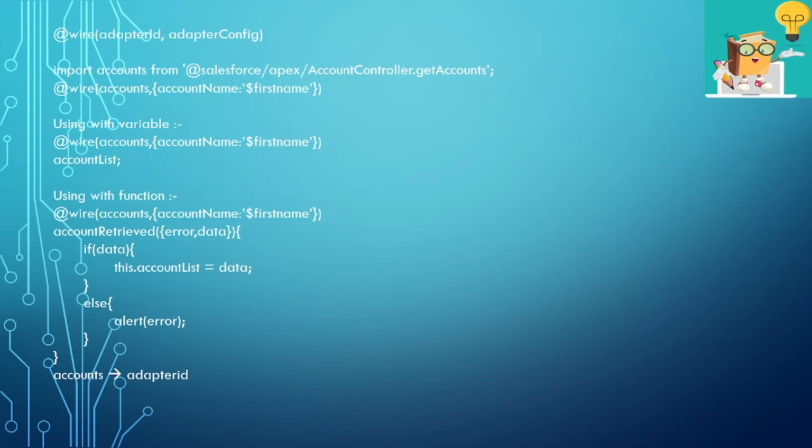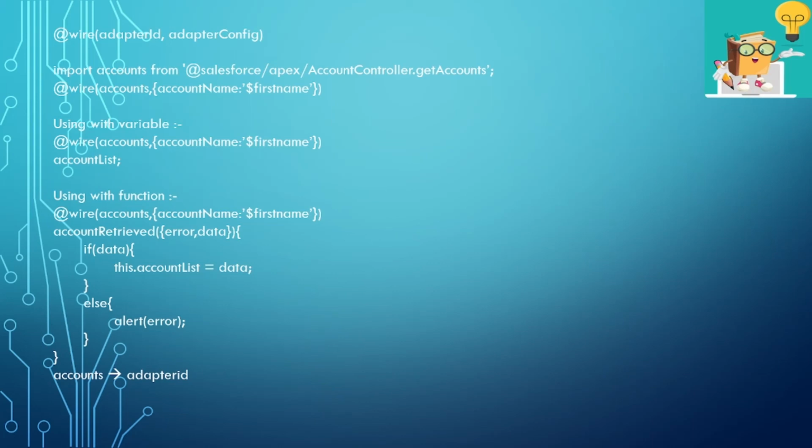Now you might see certain scenarios where, before utilizing the data you get in response, you need to perform certain actions. To do that, instead of attaching the wire response directly to an attribute, we attach it to a function. In the function there will be two parameters, one is error and another is data.